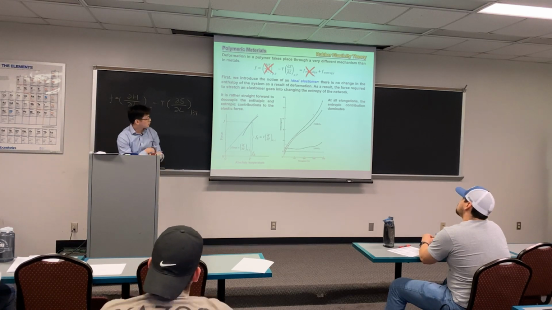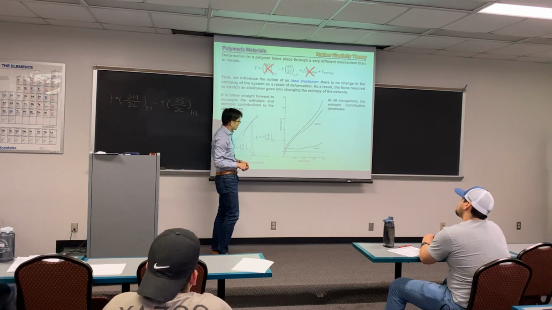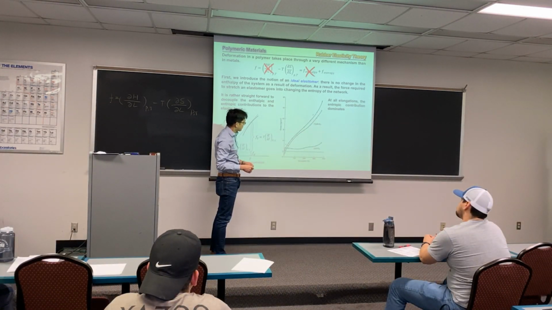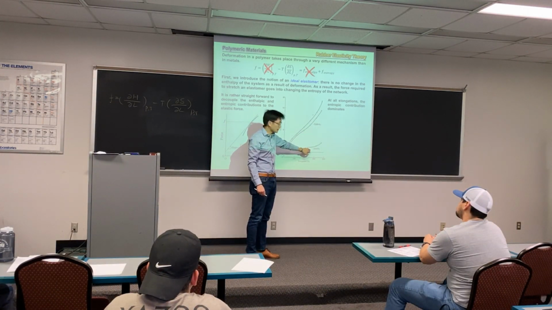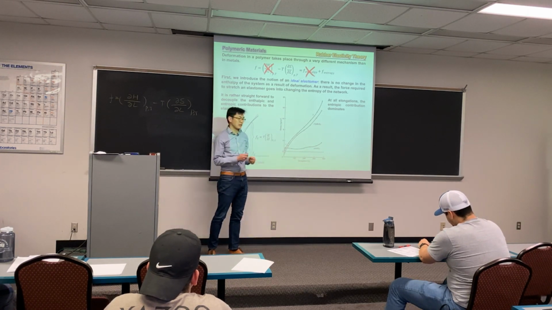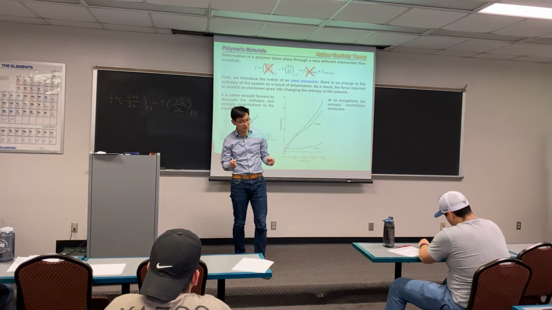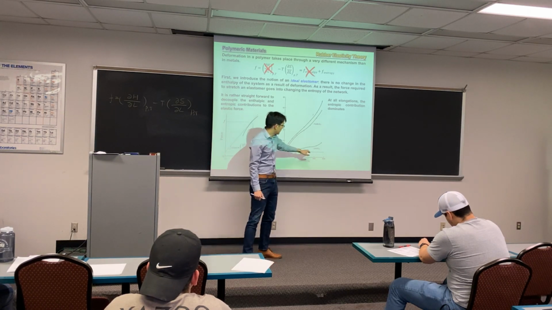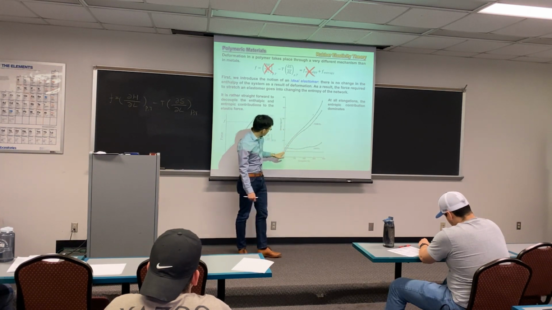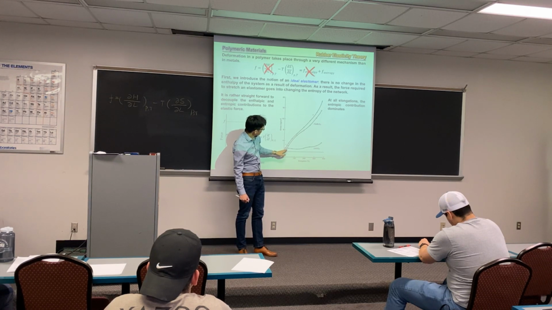We can deconvolute this into two parts. One has a contribution from energy, although it's very low, but we cannot totally neglect it in a real case. If you pull a real rubber band, you always have a little bit of energy change while you're pulling it apart, but it's more or less constant, as you can tell. And the entropy contribution is proportional to the elongation.